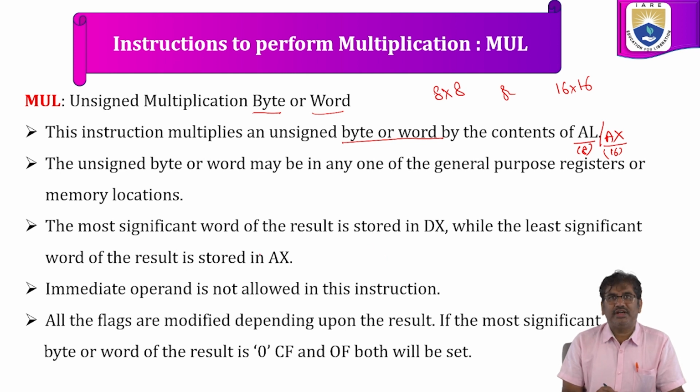The most significant word of the result is stored in DX, while the least significant word will be stored in the AX register. The immediate operand is not allowed in the instruction. All the flags are modified depending upon the result. If the most significant byte or word of the result is not 0, then the carry flag and overflow flag will be set.